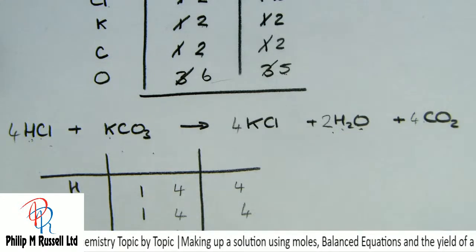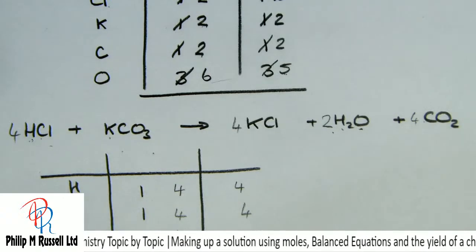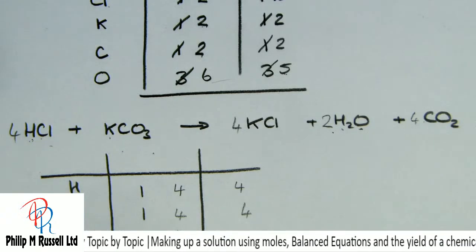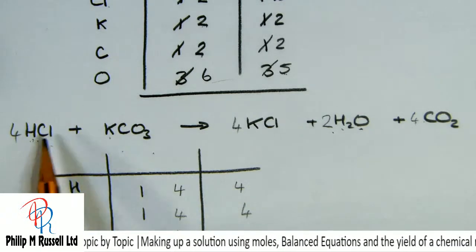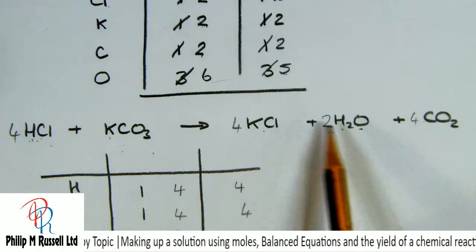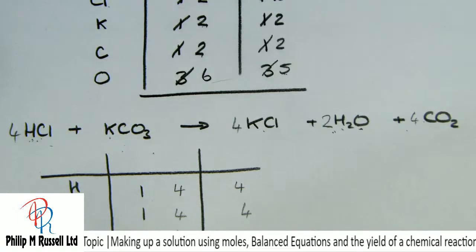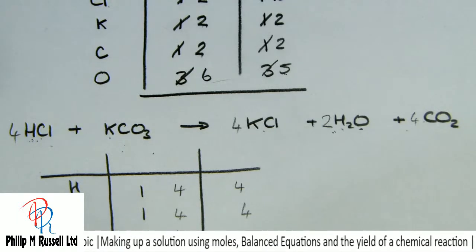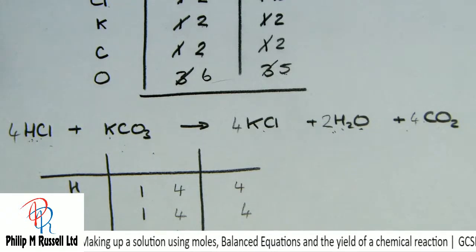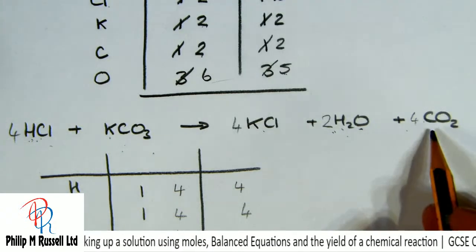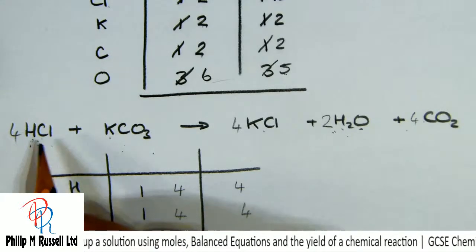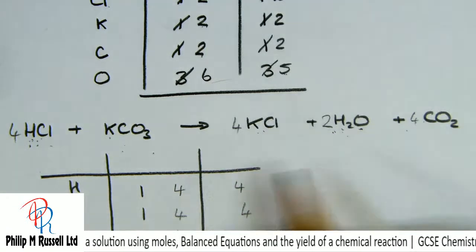So it's more difficult than initially it looks, because as we're trying to balance HCl with potassium carbonate, we have a discrepancy coming along with these hydrogens and oxygens, because we've got the 1 here, and as this one's increasing, so we need to try and puzzle this out.